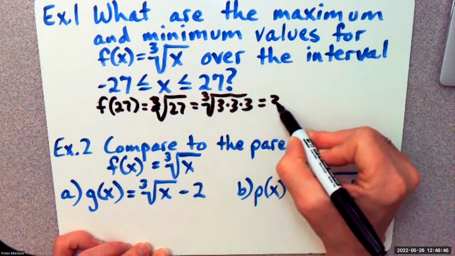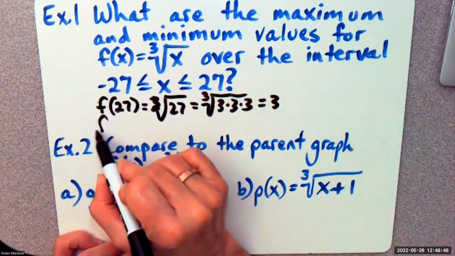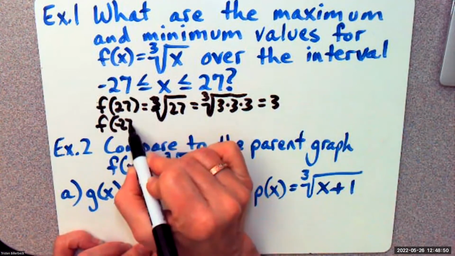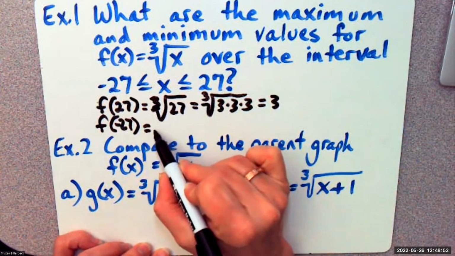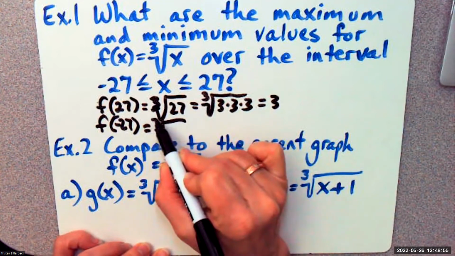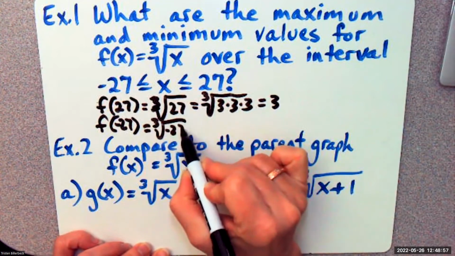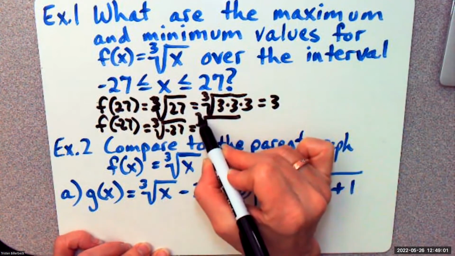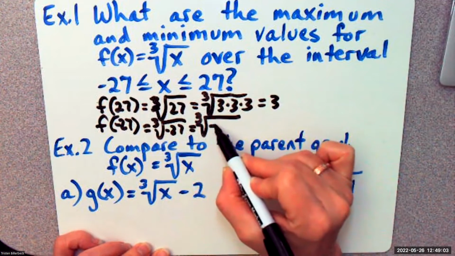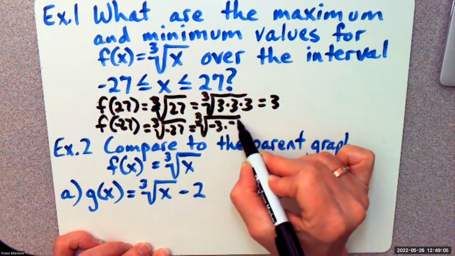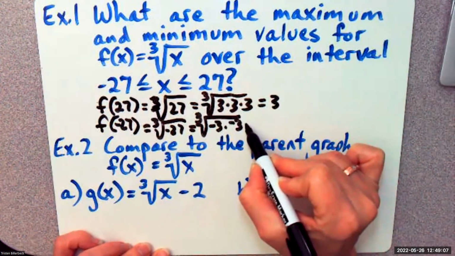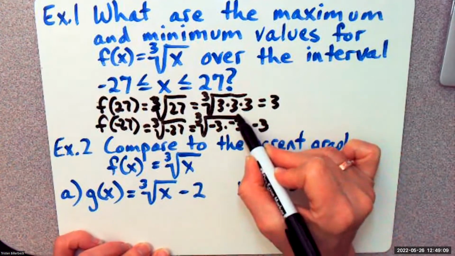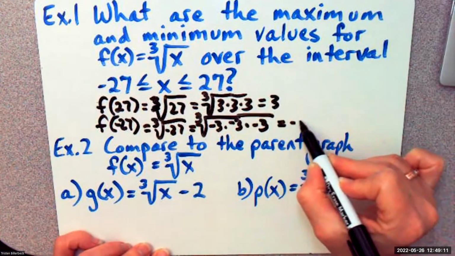So that's just 3. And f of -27 is the cube root of negative 27, which is the cube root of negative 3 times negative 3 times negative 3. And that's just negative 3.